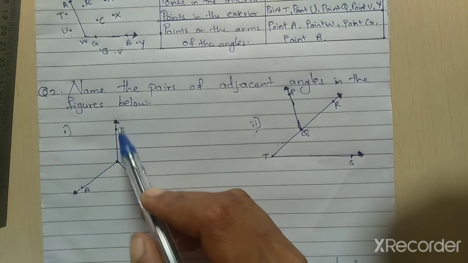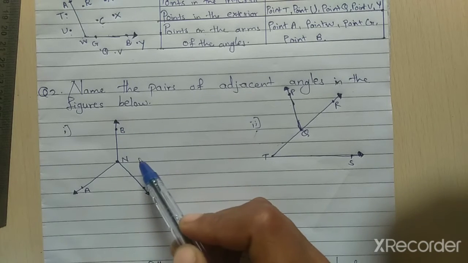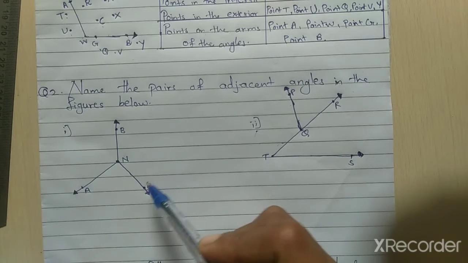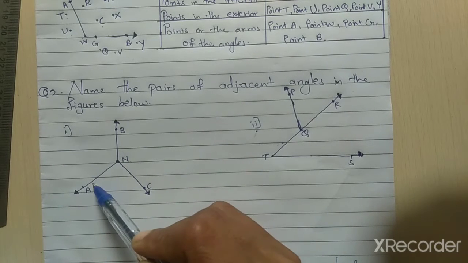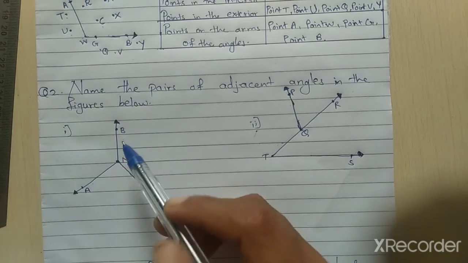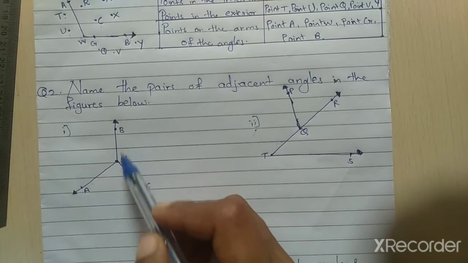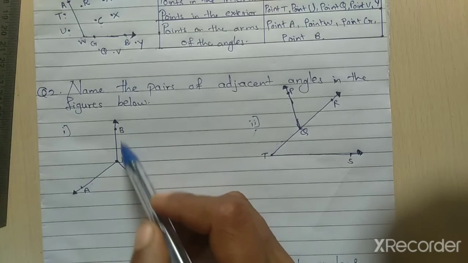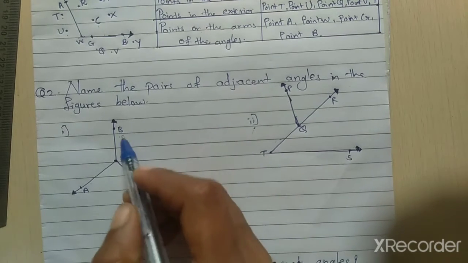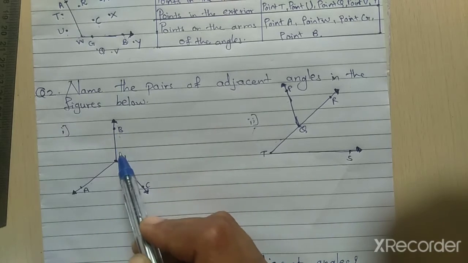This one. Here there are three interiors in the triangle: angle B and C, angle C and A, and angle A and B. If I take BN as the common arm, which angles form?